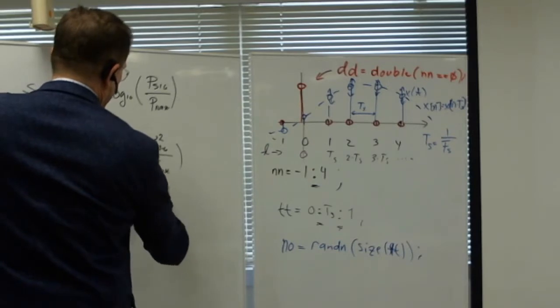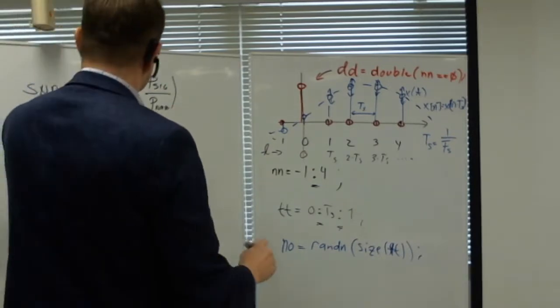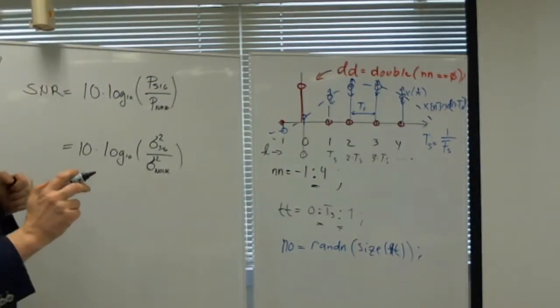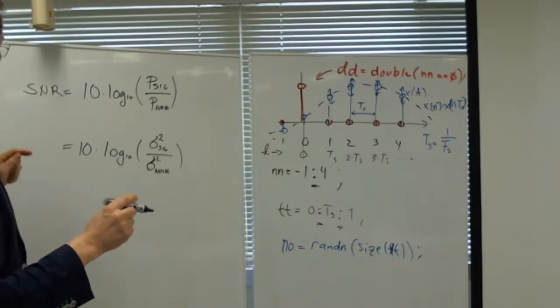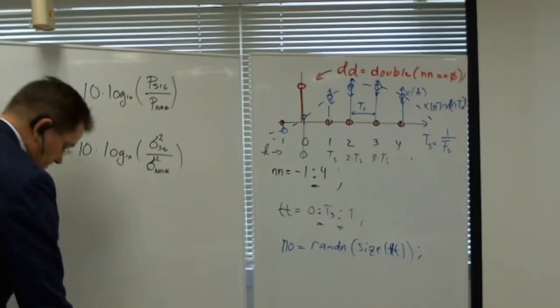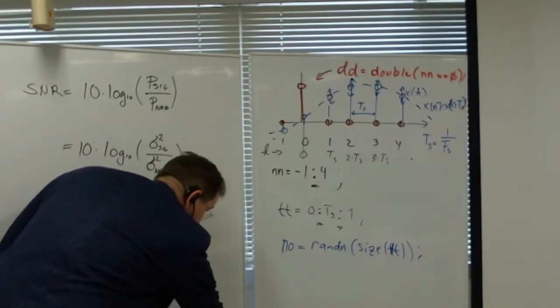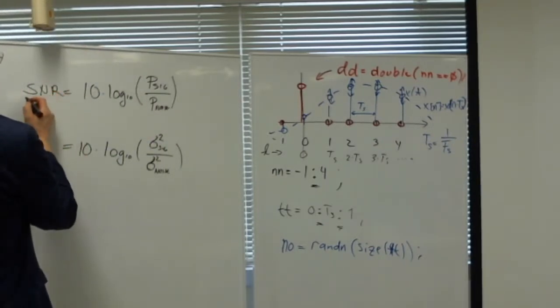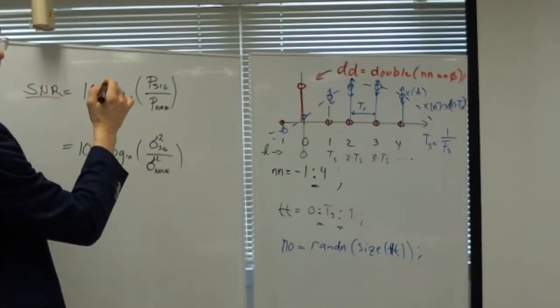Okay, good. So basically, on that one exercise today, or the first exercise, the signal to noise ratio is given.